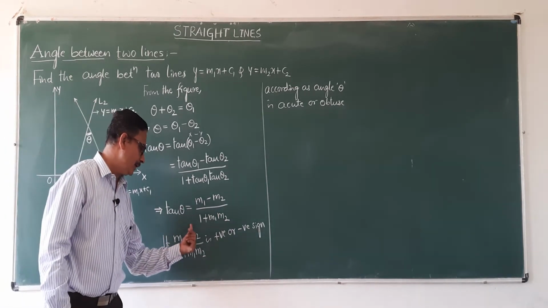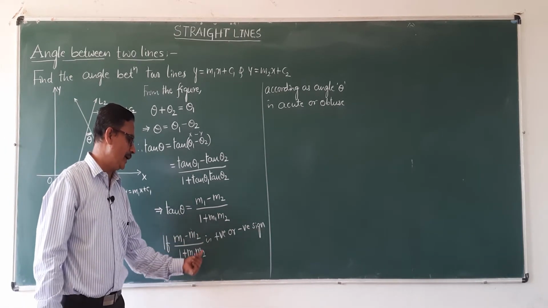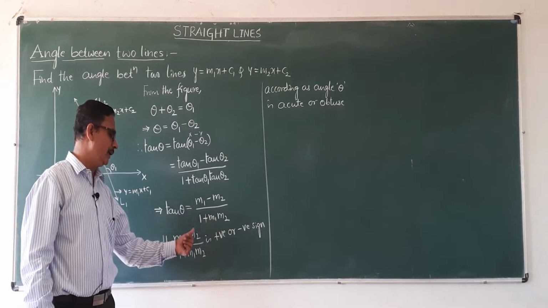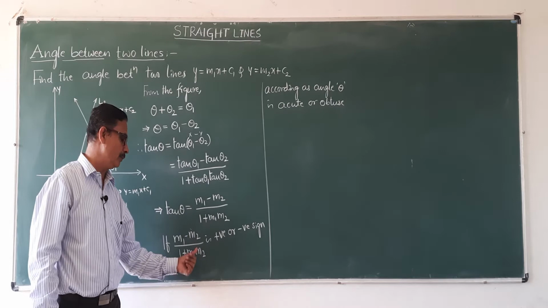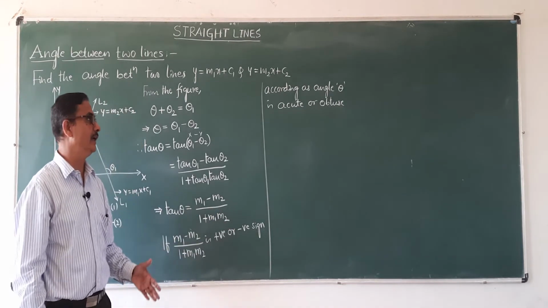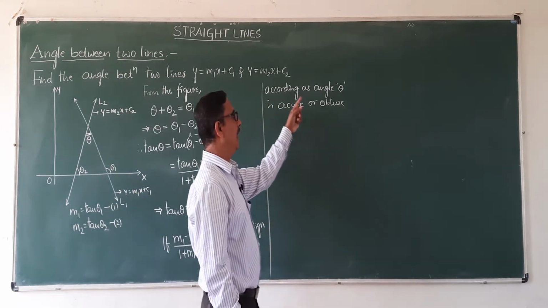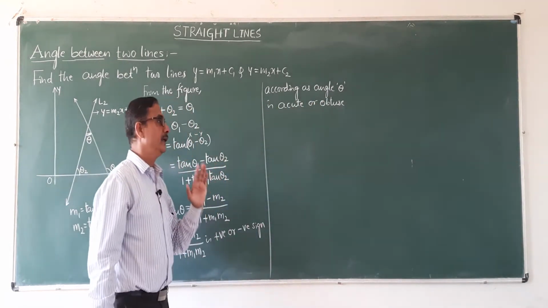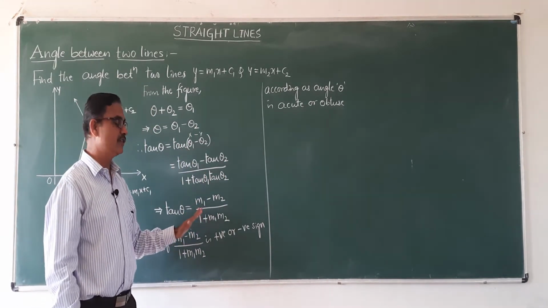So remember, after substituting the value of m1 and m2 in this result, m1 minus m2 divided by 1 plus m1 m2 is positive or negative according as angle theta is acute or obtuse. If angle theta is acute, its value is positive.